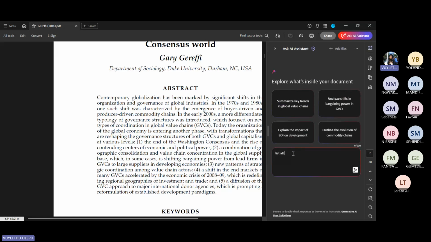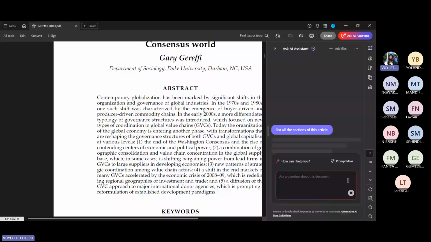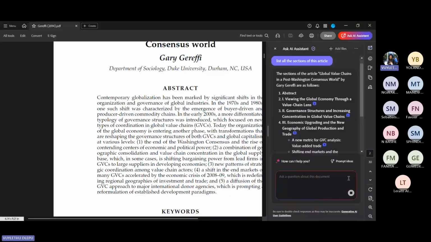List all sections. I'm just going to show you some. Because I find this very helpful to list all the sections of the article, because then I'm able to sift through without having to read everything. Although sometimes it's nice to read because you expand your vocabulary, but at the cost of what, you know?